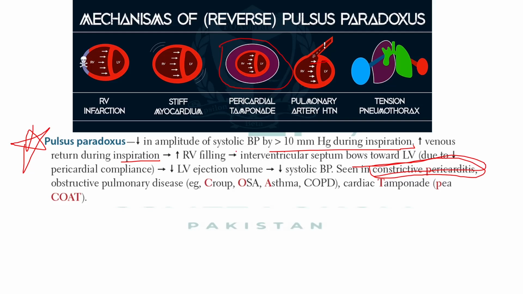They have given some examples. These are high yield examples: group, OSA, asthma, COPD. If you don't know anything else, you have to know that constrictive pericarditis and cardiac tamponade are two high yield examples for that. So you have to remember both of these.